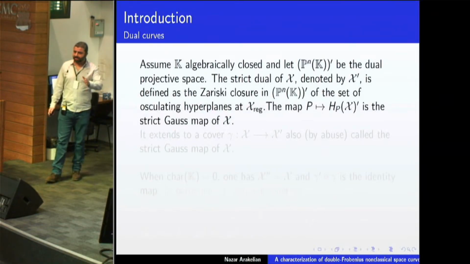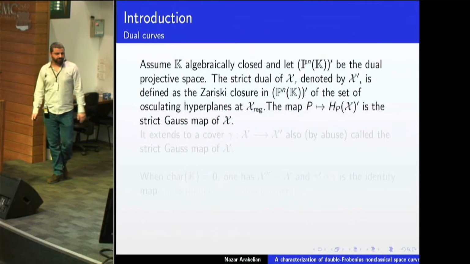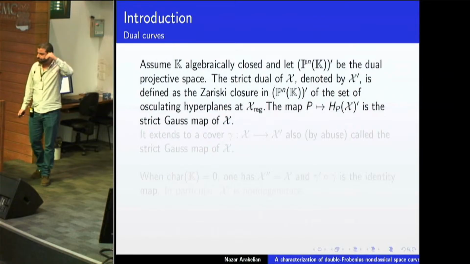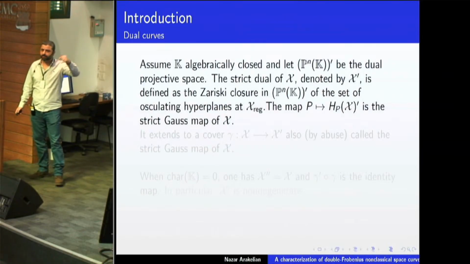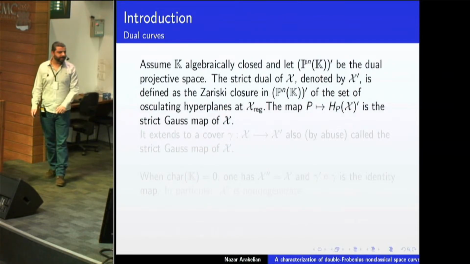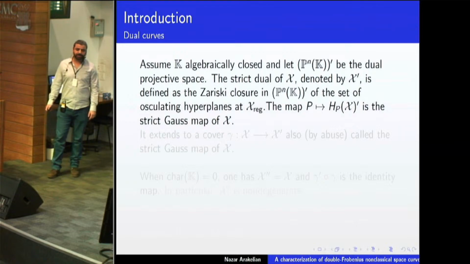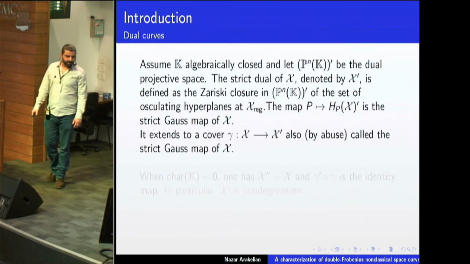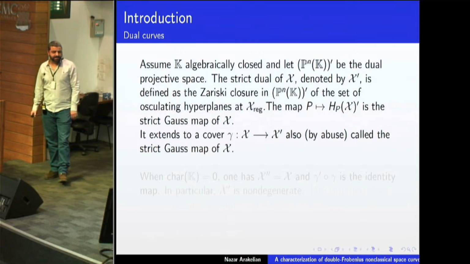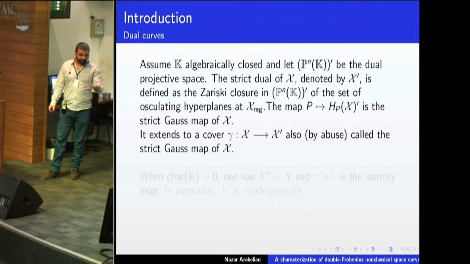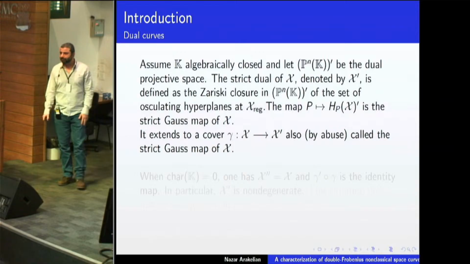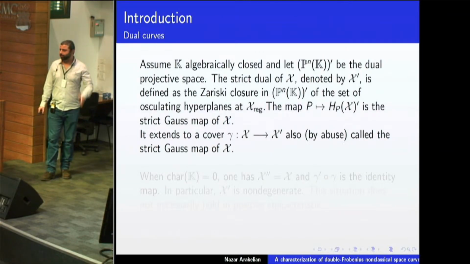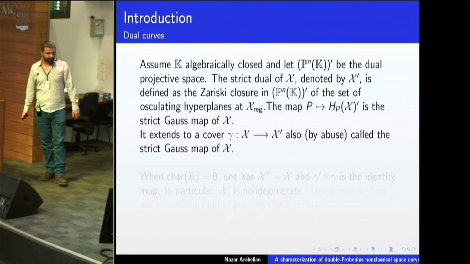The map that sends P to the point in the dual projective space that corresponds to the osculating hyperplane is called the strict Gauss map of X. We can extend this to a cover, which by abuse we also call the strict Gauss map of X. It's a rational map that sends your curve to the dual curve.